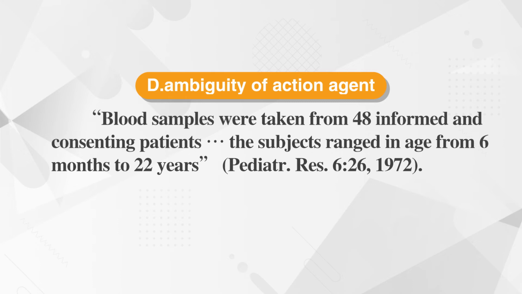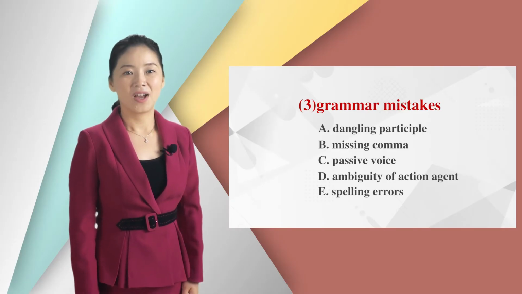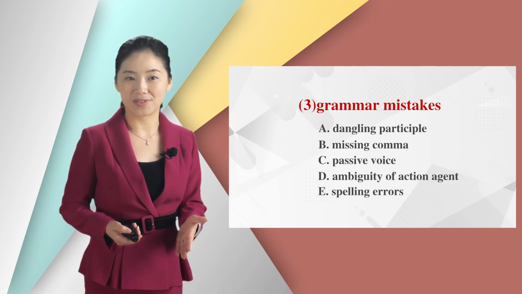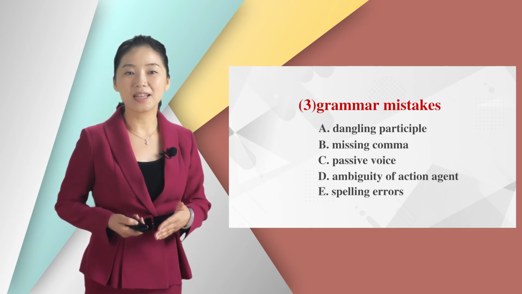There is no grammatical problem with that sentence, but the telescopic writing leaves the reader wondering just how the 6-month-old infants gave their informed consent. And of course, always watch for spelling errors, both in the manuscript and in the proofs.